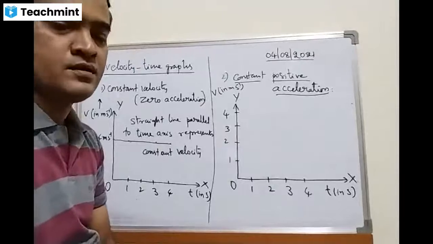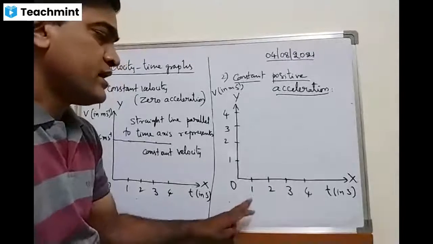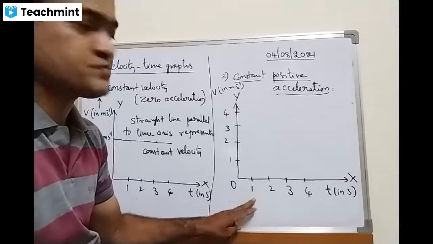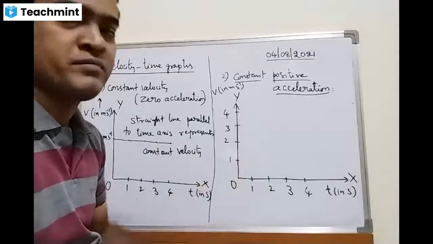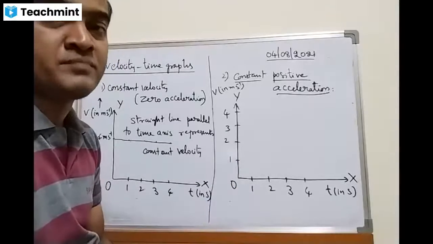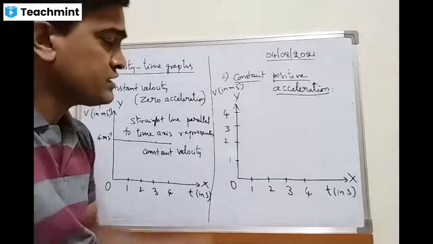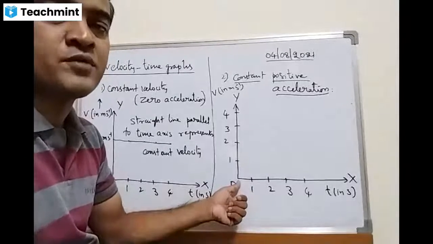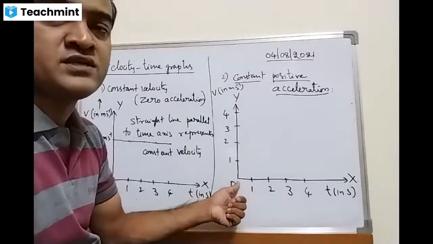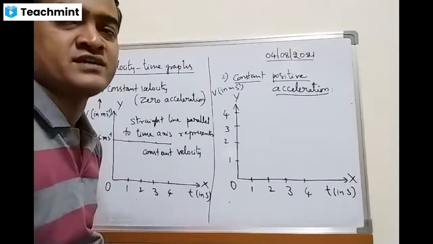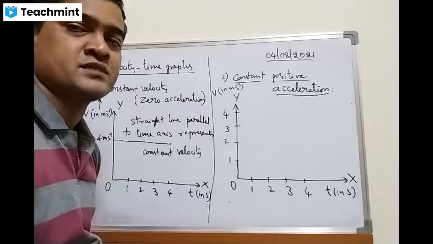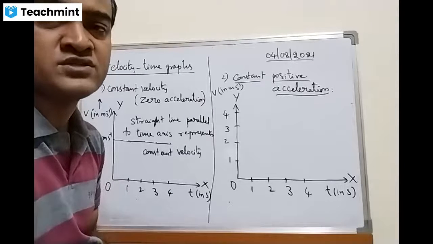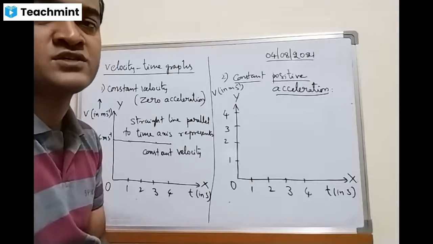So at time t equal to 1 second, I observe the velocity as 1 meter per second. At time t equal to 0, the starting point, the particle hasn't started yet. That means the particle is at rest. When the particle is at rest, what is the value of velocity? Velocity should be 0 because it is at rest.